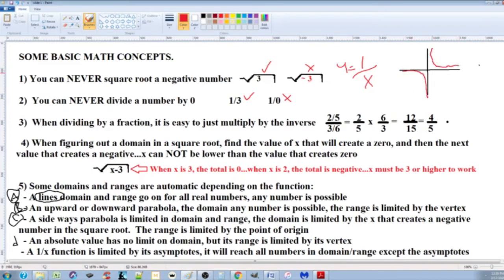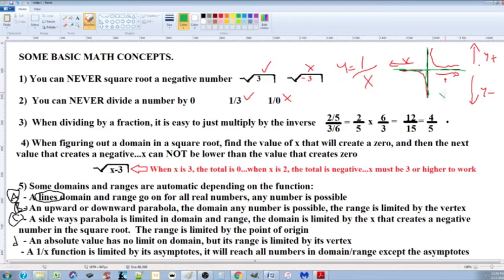Something interesting happens to that. It turns out it can have all y positive values. It can have all y negative values. It can have all x positive values. And it can have all x negative values, but there's one rule it has to follow. These graphs always approach but never touch the x and y axes.